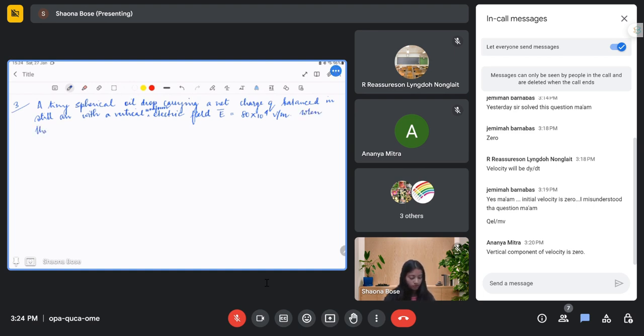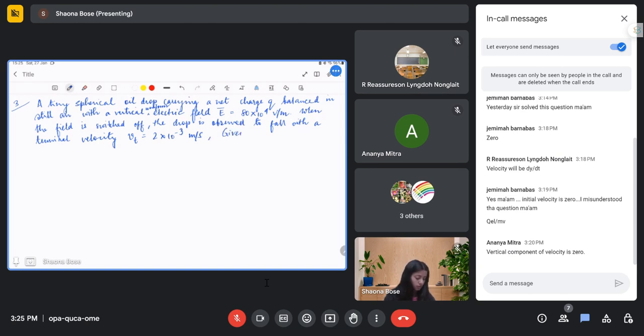So when the field is switched off, the drop is observed to fall with a terminal velocity Vt equal to 2 into 10 raised to the power minus 3 m per second.